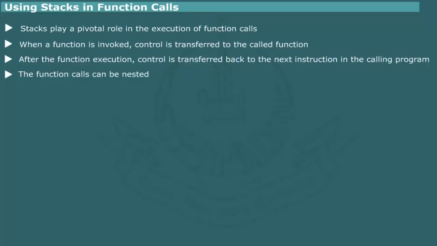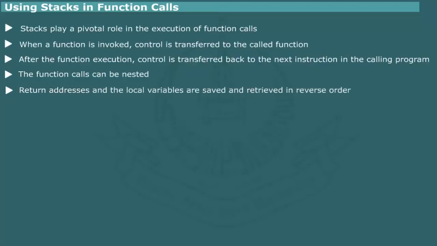In this process, the system must remember the addresses to backtrack to after the called function has been executed. Therefore, the return addresses and the local variables must be saved and retrieved in the reverse order. This task can be performed most efficiently with the aid of a stack.